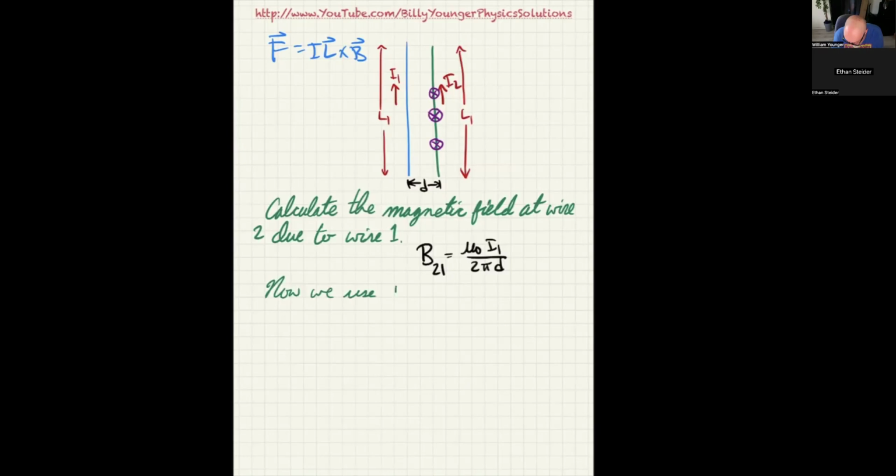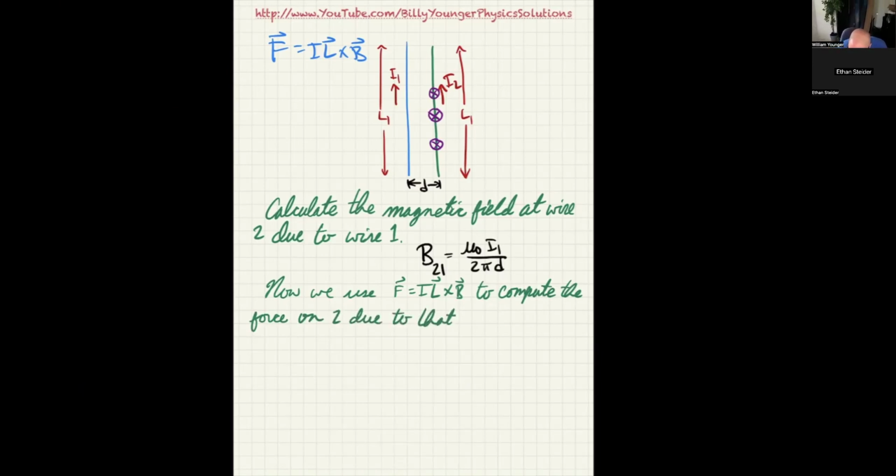So now we use F equals IL cross B to compute the force on 2 due to that magnetic field.